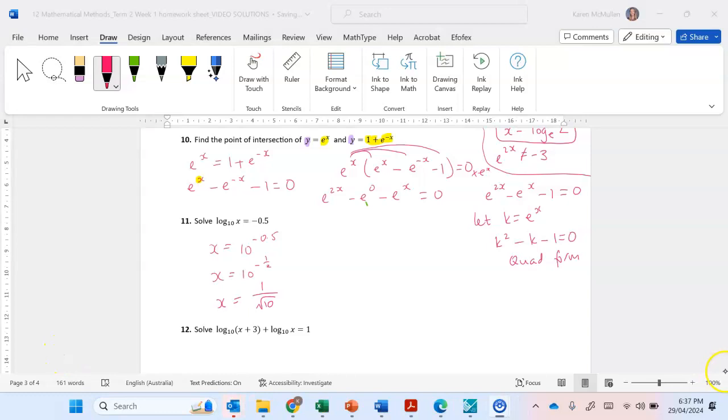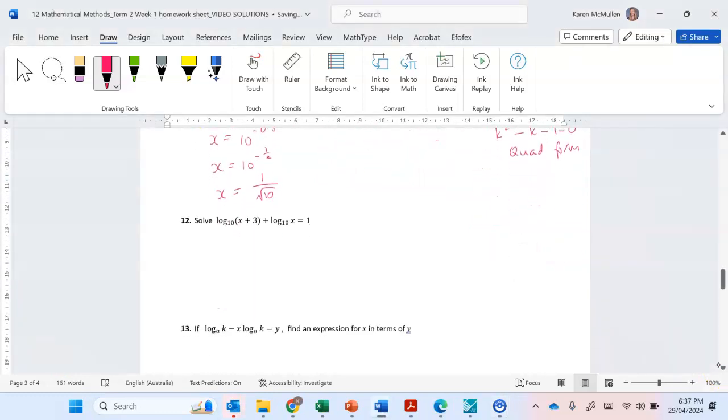All right, question 12. Let me scroll. All right, so we've got the same bases, which is good, and so we're adding them so we can multiply x plus 3 times x. Now just make sure we put brackets around that because that x is multiplying both.